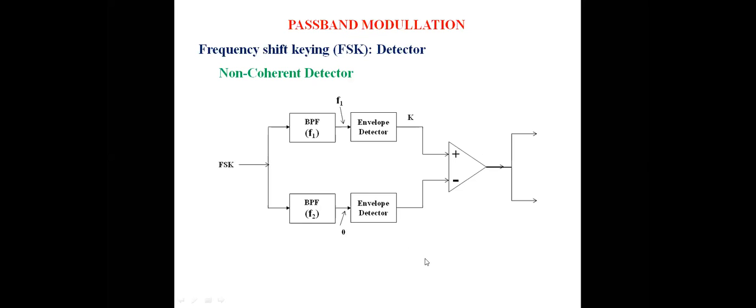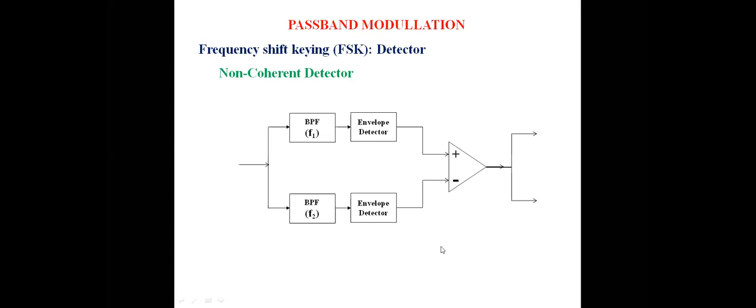Then the output of the upper envelope filter is constant, because the envelope of AC cos 2 pi f1t is AC. I'm treating that AC as some constant. The output of the lower envelope filter is 0. When 0 is subtracted from K, the output is K only, and it will be decoded into 1.